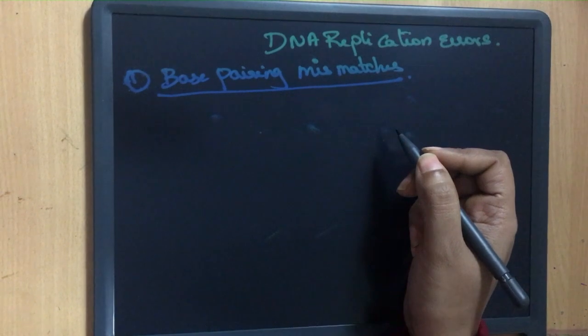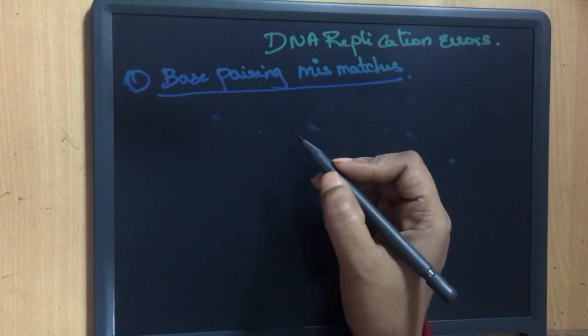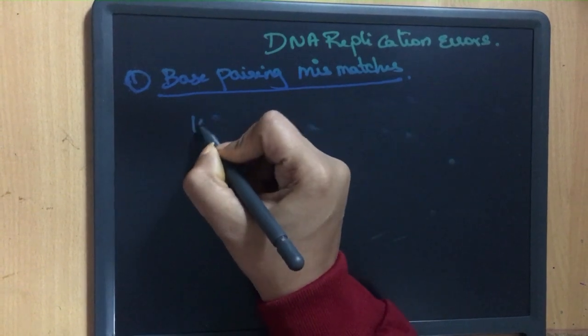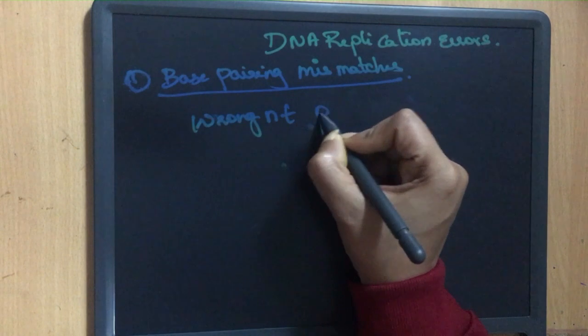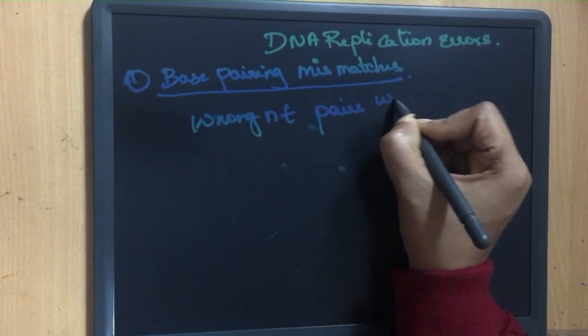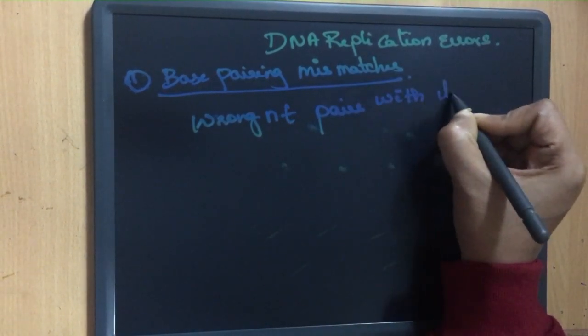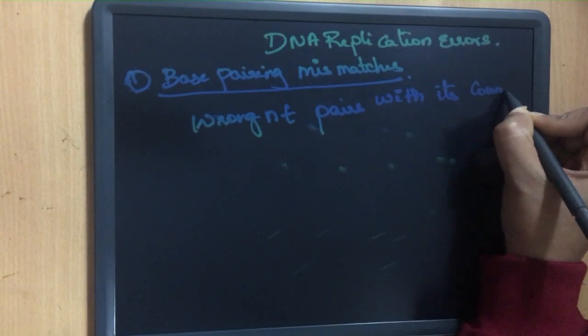During replication, there can be instances where a wrong nucleotide pairs with its counterpart.